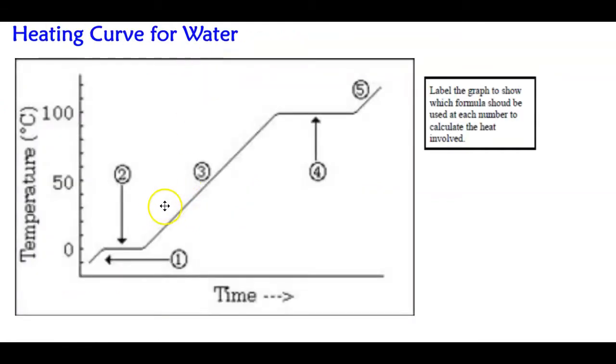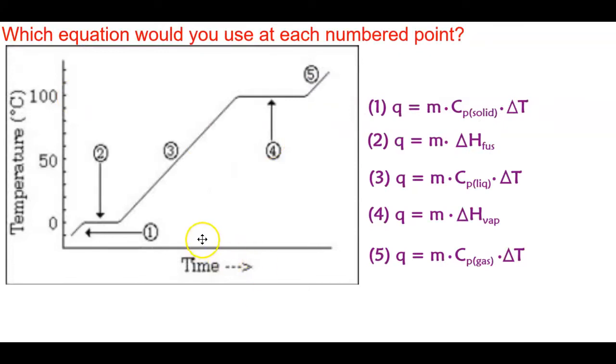Here's the heating curve of water. Here's point 1, 2, 3, 4, 5, and here I've labeled which equation you'll use at which point. At point 1, because the temperature is rising, we're going to use Q equals mass times the specific heat as a solid times the change in temperature. At point 2, the flat line part, we use Q equals m times delta H of fusion.